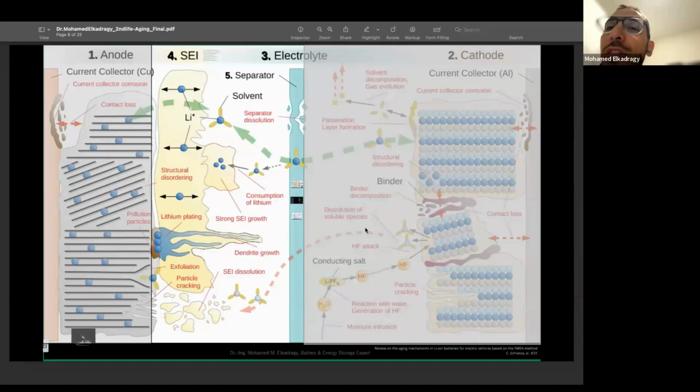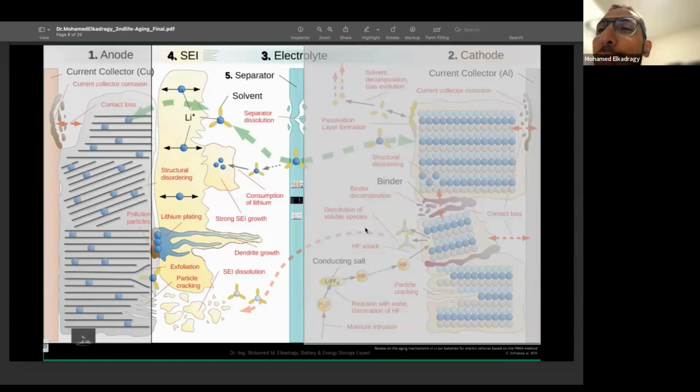If the SEI layer gets bigger and bigger over time, it consumes lithium from my battery, and in the end it's inactive lithium, so I'm really losing capacity. And lithium plating is one of the main safety hazards, because the dendrites forming can penetrate the electrolyte and the separator, causing an internal short circuit. This is one of the main reasons for thermal runaways.